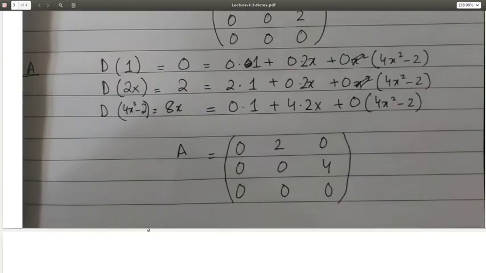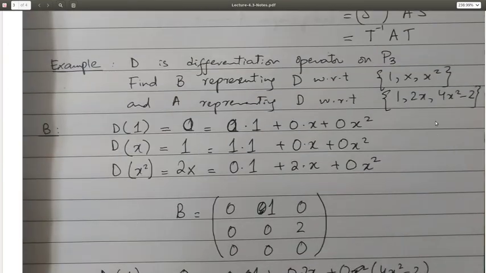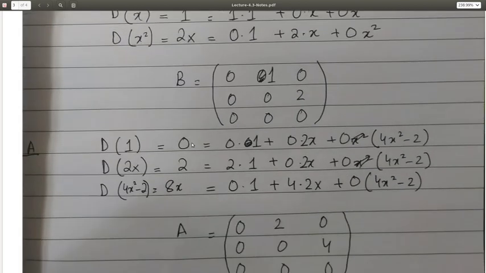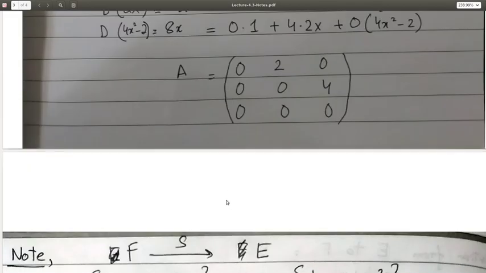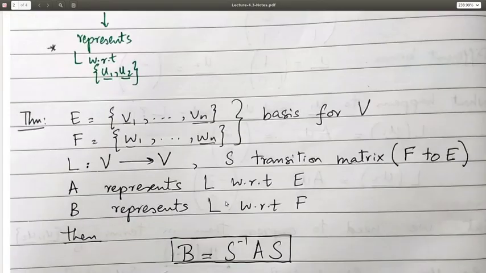Over here A was actually the one representing the non-standard basis. So the matrix S that we've constructed takes from A to B. So if S takes from A to B, then B and A switch places and we have A equals S inverse B S.